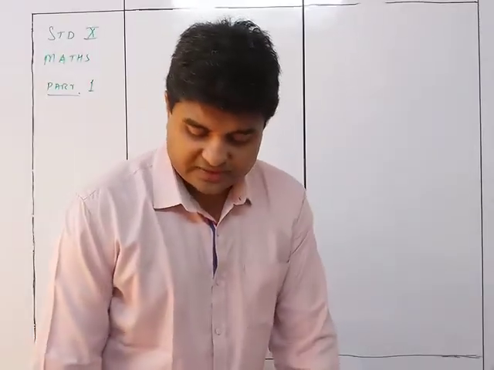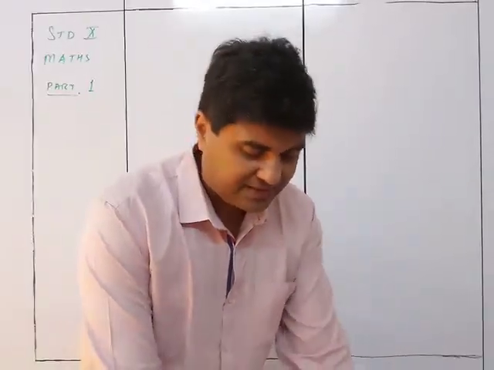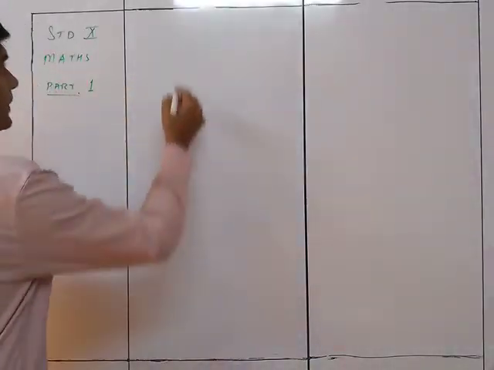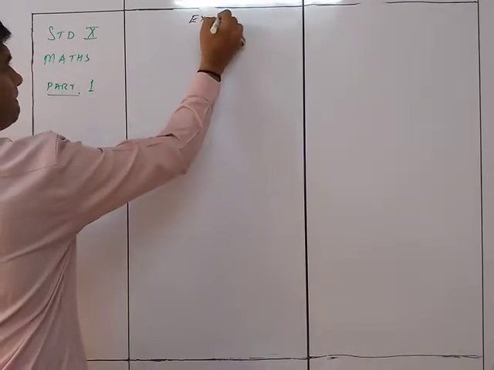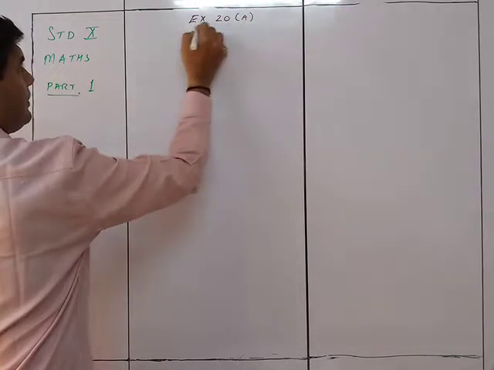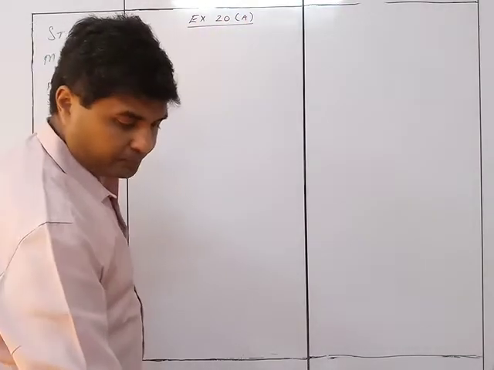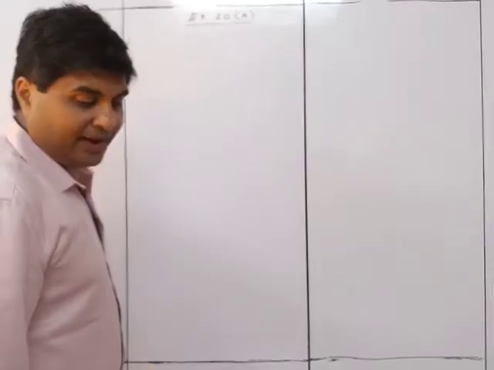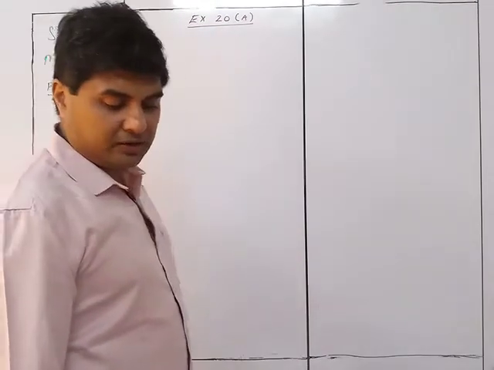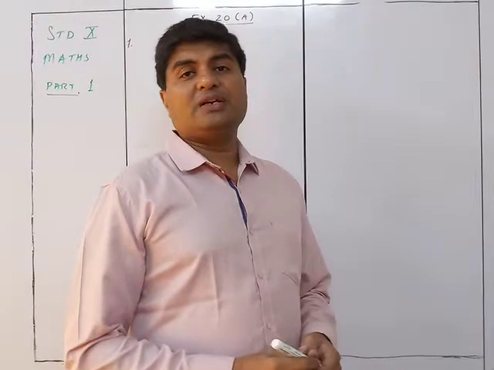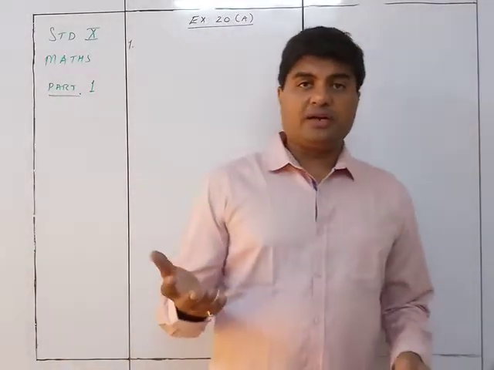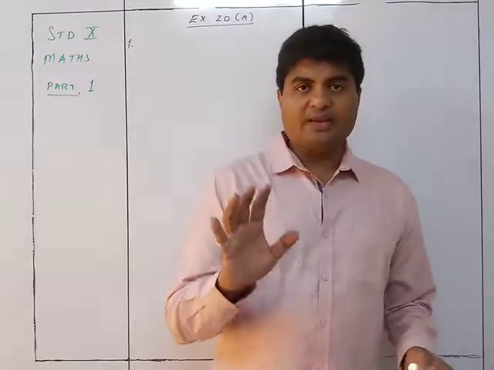We start with the first exercise, exercise 20A. As usual, we do the alternate sums. We start with sum number 1. The height of a circular cylinder. Now, circular cylinder, right circular cylinder, it's one and the same.